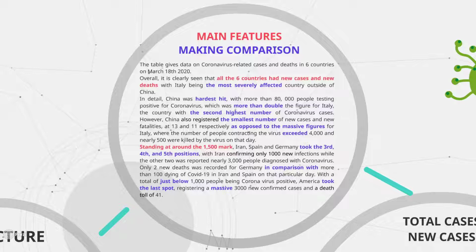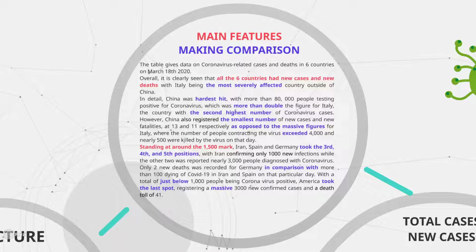Standing at around the 1,500 mark, Iran, Spain, and Germany took the 3rd, 4th, and 5th positions, with Iran confirming only 1 new infection, while the other 2 reported nearly 3,000 people diagnosed with coronavirus.